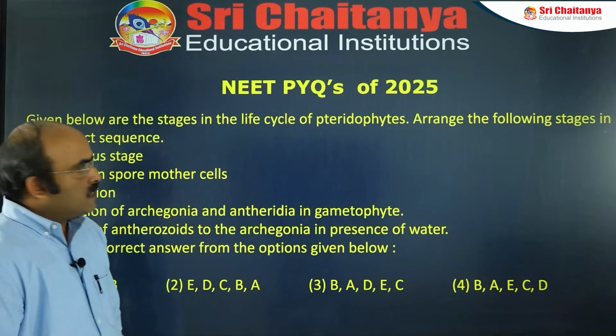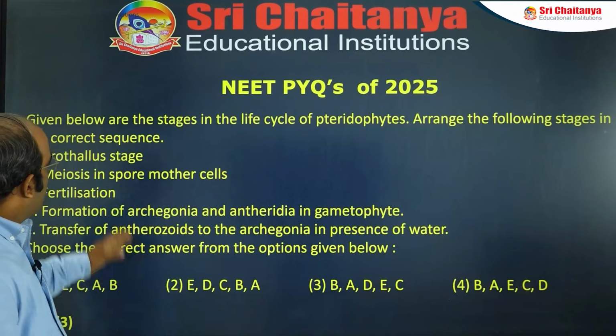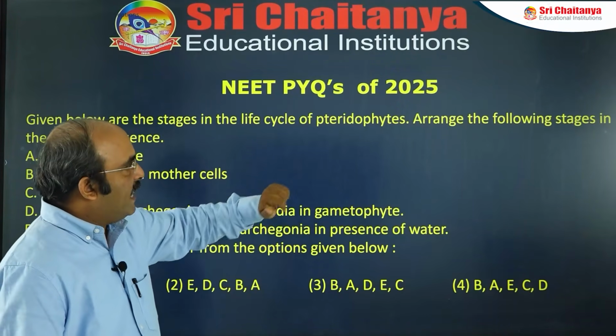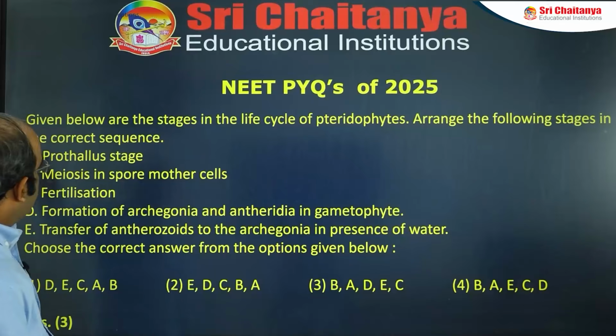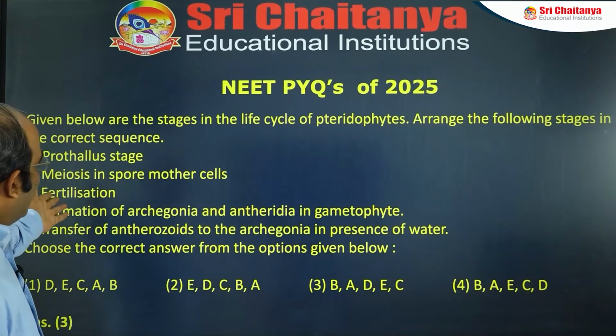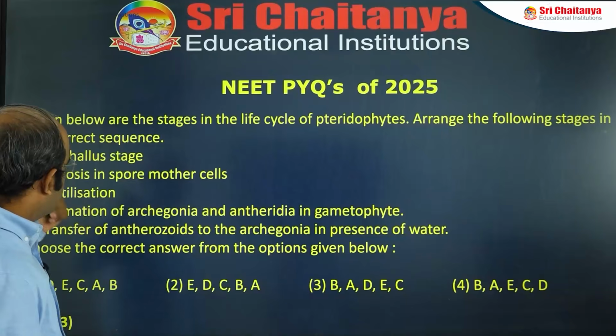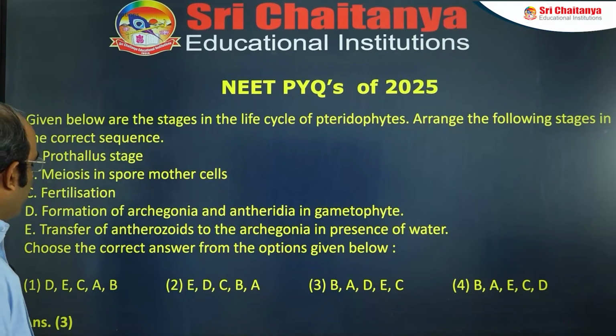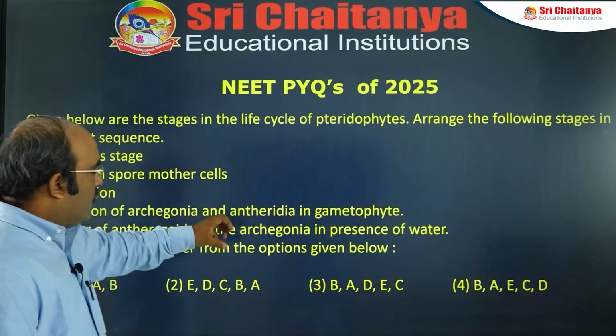Now, this is another question from 2025. Given below are the stages in the life cycle of Pteridophytes. Arrange the following stages in the correct sequence. These are certain stages: prothallus, meiosis in the spore mother cells, fertilization, etc., from A to E. So how could you arrange them?